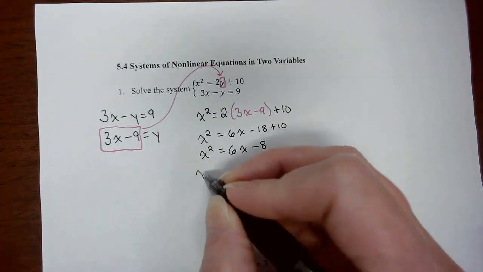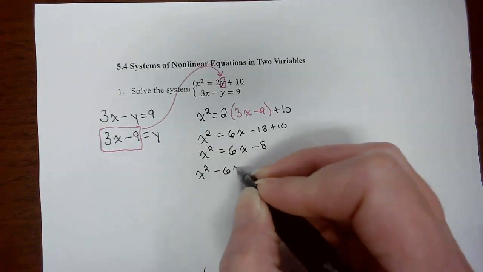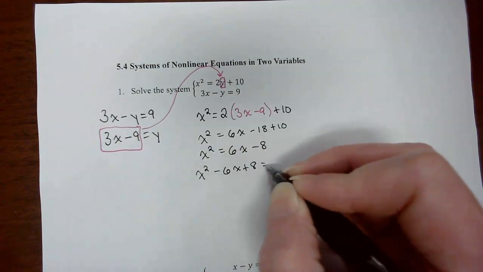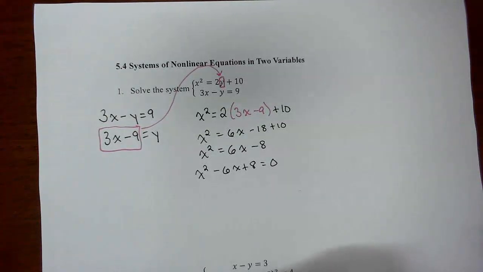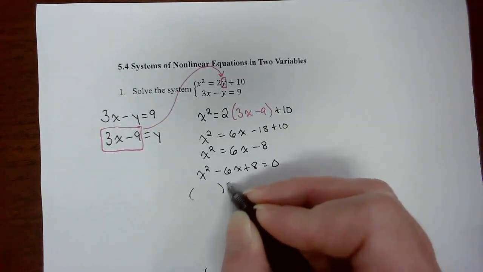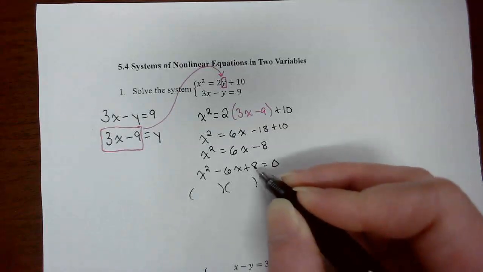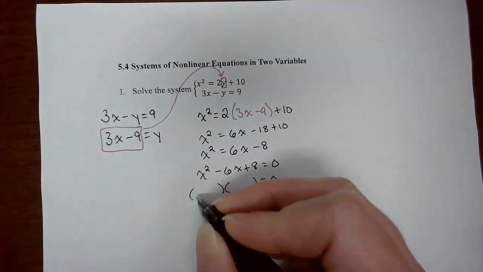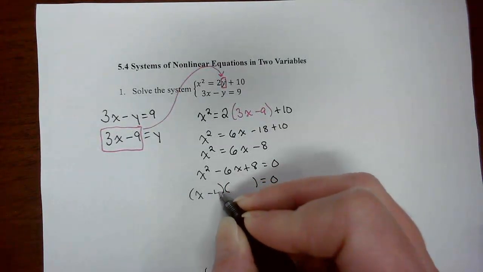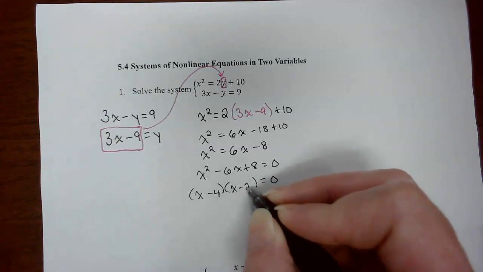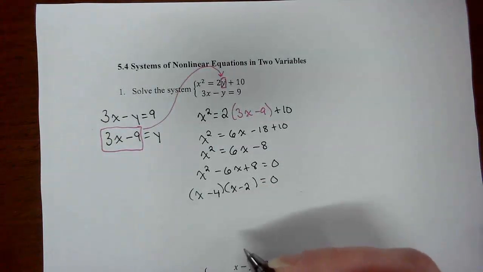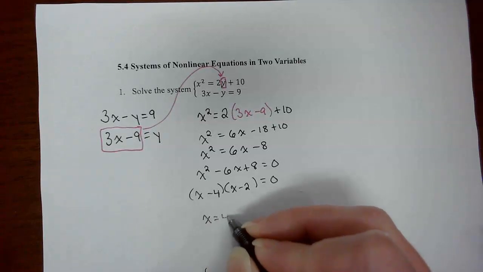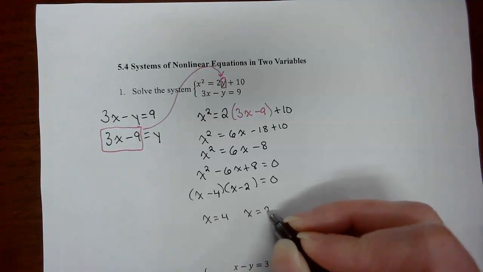So I'm going to get everything on one side set equal to 0. Two things that multiply to be a positive 8 but add to be a negative 6. That'd be negative 4 and negative 2. When I set each one of those equal to 0, I get x equals 4 and x equals 2.